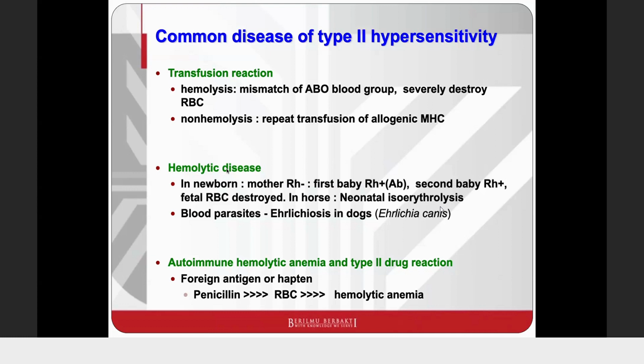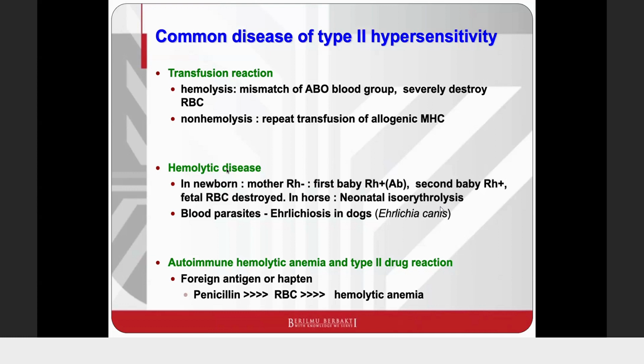If there is a mismatch, it will severely destroy RBC. Because we have naturally occurring antibody against other types of blood group, for example, if you have A blood group, you have naturally occurring antibody against type B.